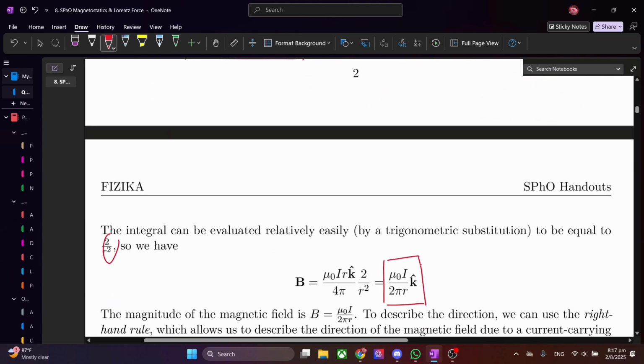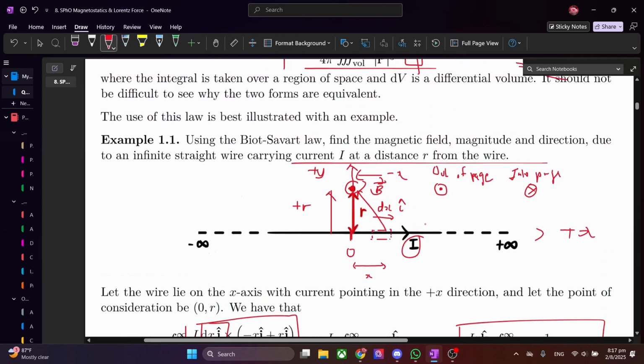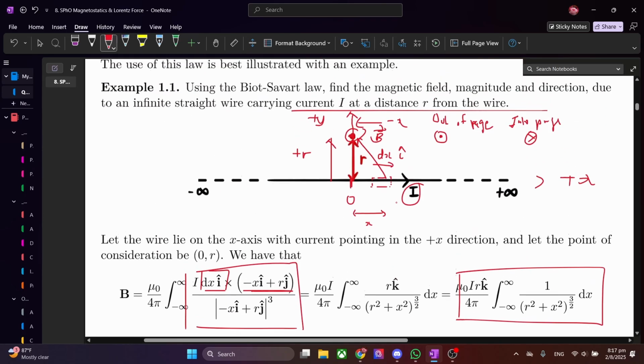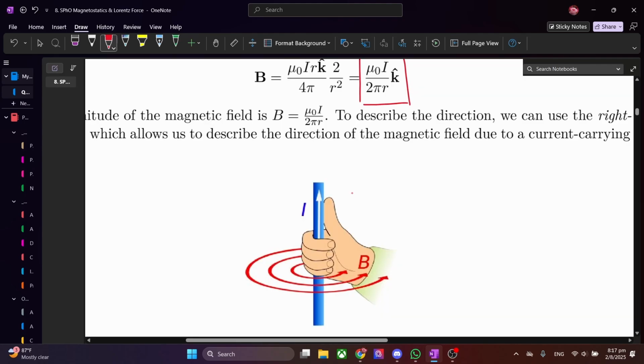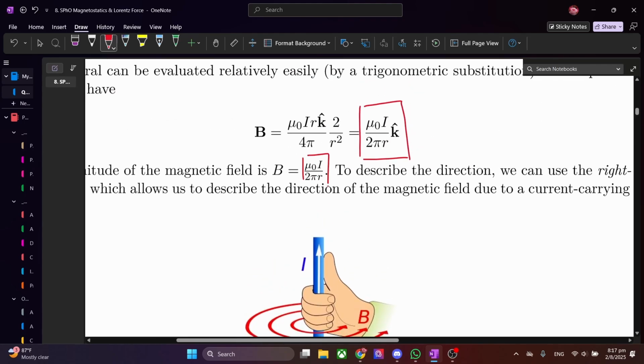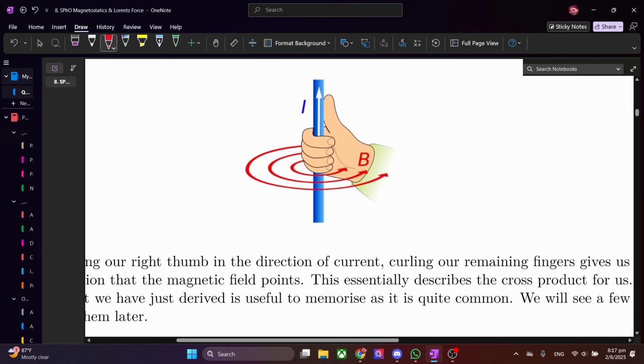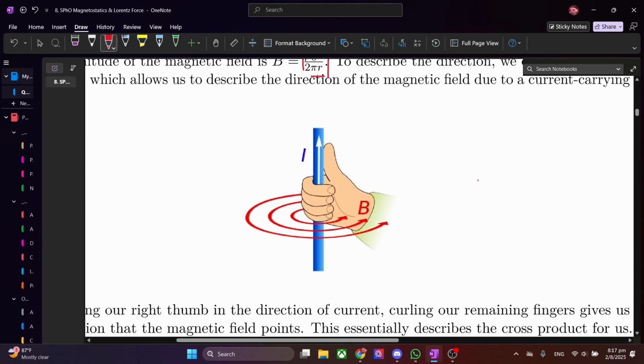So what this basically says is that your magnetic field from a wire looks something like this. So the magnitude is given by this mu naught I over 2 pi r, and your direction can be determined like this. If you have a current here, then if you look at the diagram, if you point your thumb upwards and you curl your right hand, then your other fingers are going to point in the direction of the field.